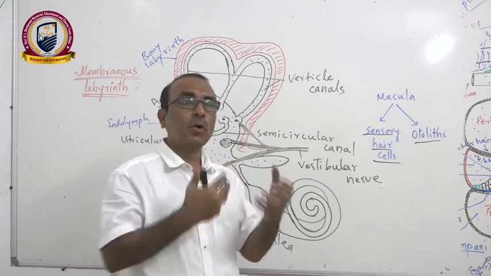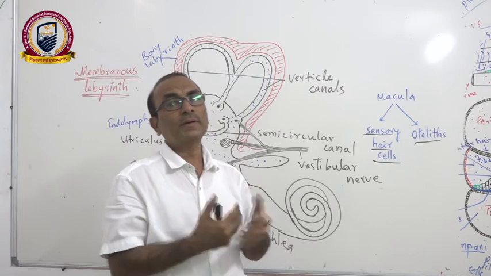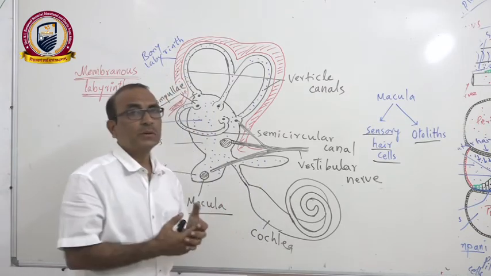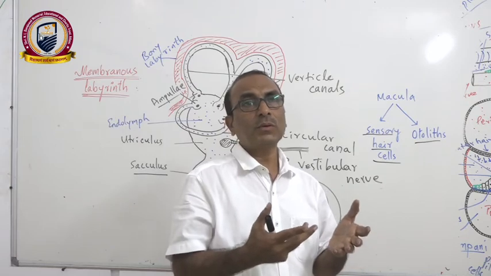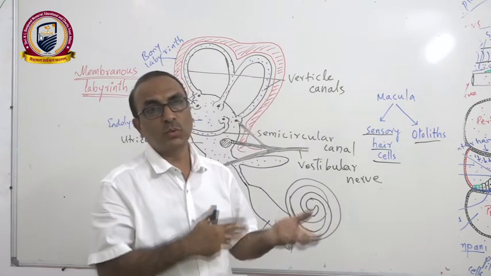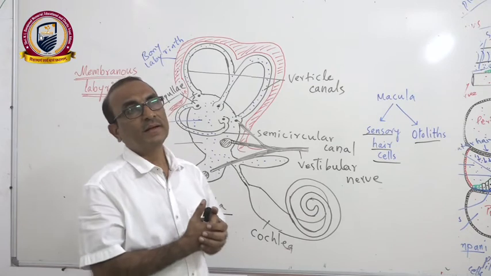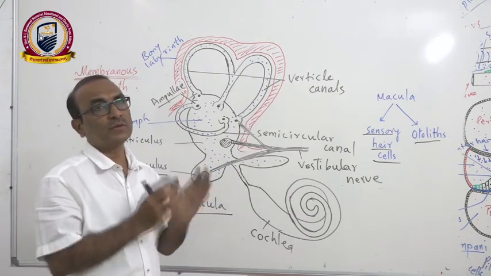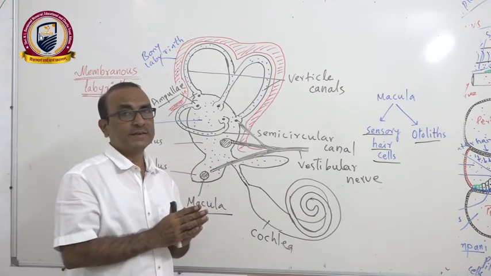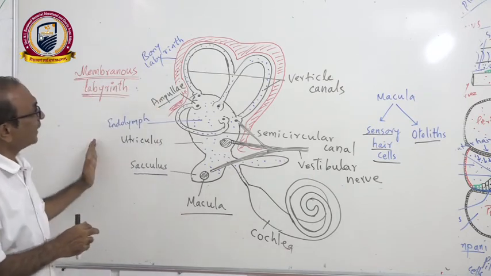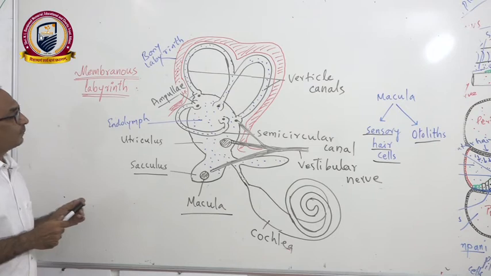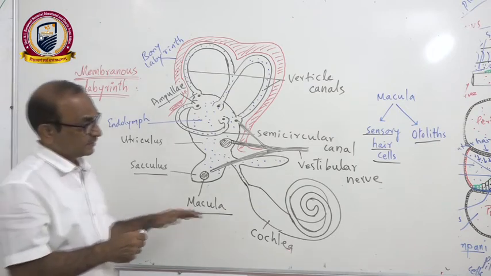And with this coordination and support, we are able to again gain our balance, and we are able to walk, stand, dance, do all these activities, and we will not fall down because our balance is being maintained. That's about the balancing organ, the membranous labyrinth.